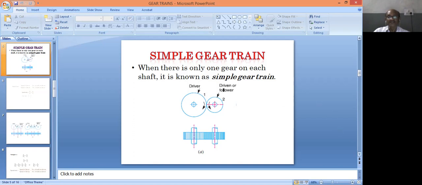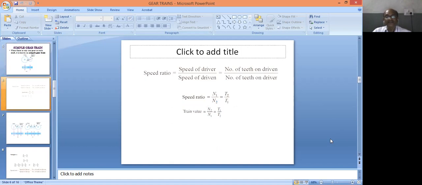Next, the speed ratio. The speed ratio is the speed of the driving gear divided by the speed of the driven gear. It is equal to the number of teeth on the driven gear to the number of teeth on the driver gear. The speed and the number of teeth are inversely proportional. We can write the speed ratio as N1 by N2, where N1 is the speed of the driving gear and N2 is the speed of the follower gear.